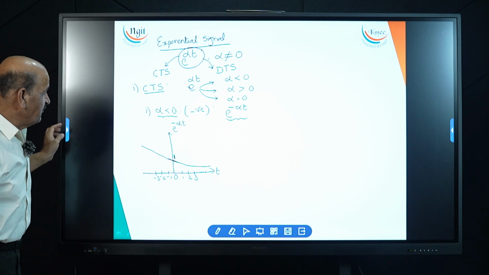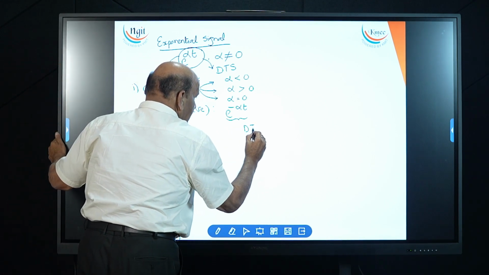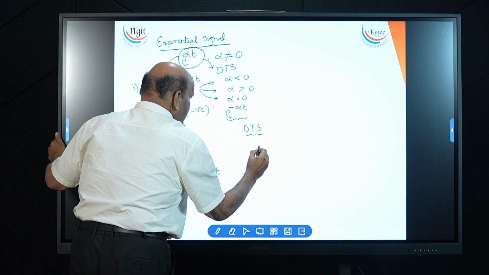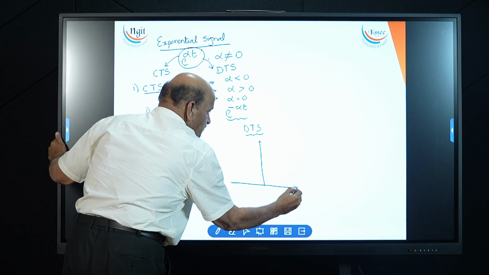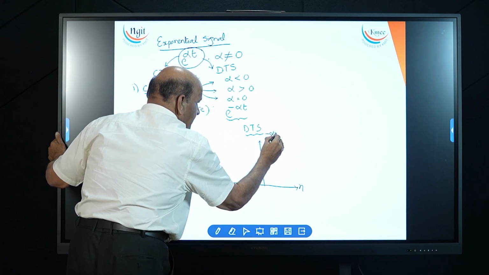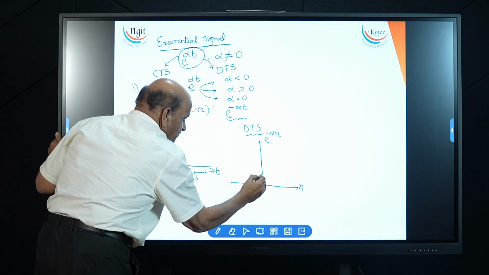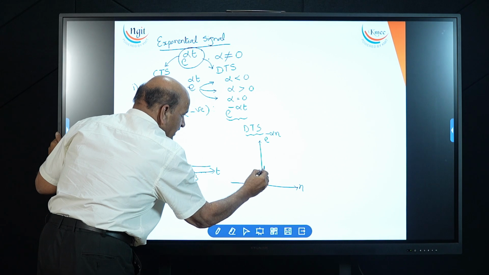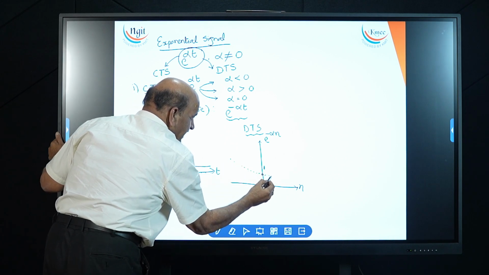Suppose if you go for the same under discrete time signal, then what happens? Now just look at, here n, this is e power minus alpha n. Here just look at, for n equal to 0, its value equal to 1. For understanding purpose, I am making only a dotted line.